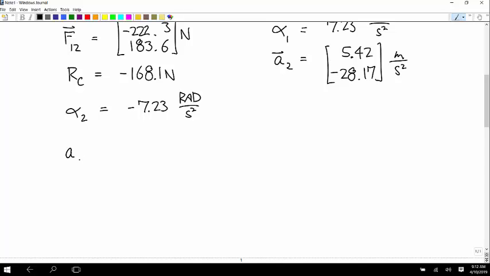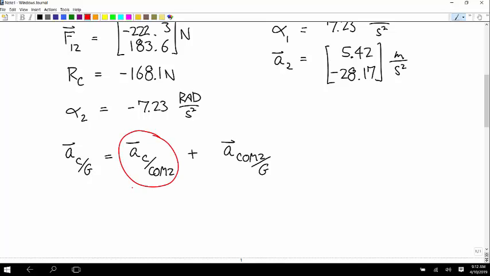And so the acceleration of the point C relative to the ground is equal to the acceleration of the point C relative to the center of mass of body 2 plus the acceleration of the center of mass of body 2 relative to the ground.